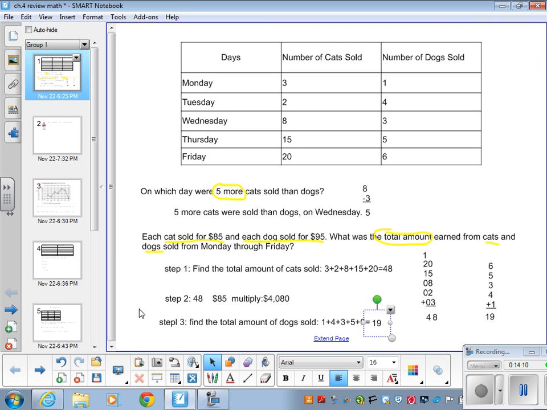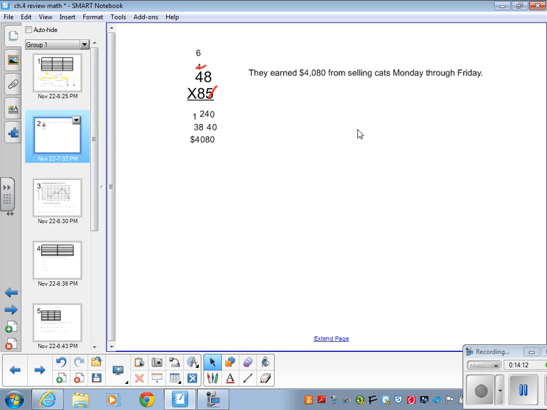That's exactly what we have to do. We have to multiply 19 times $95. Miss Rosenberger is going to add the dollar sign, just a reminder to myself that I need to make sure my answer has the dollar sign. All right, here we go.